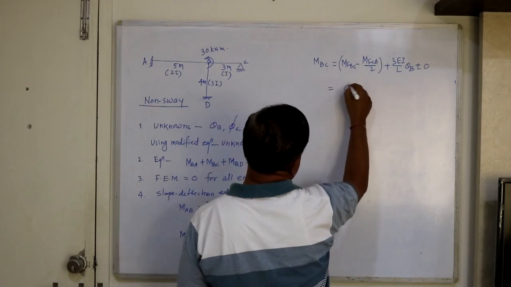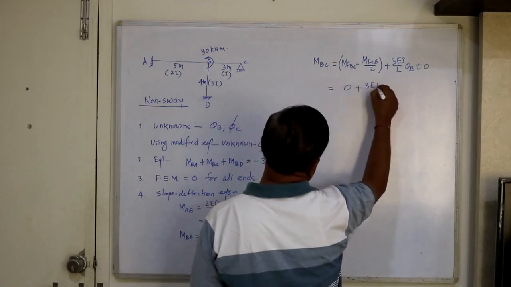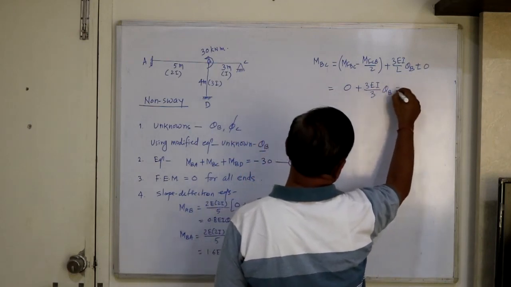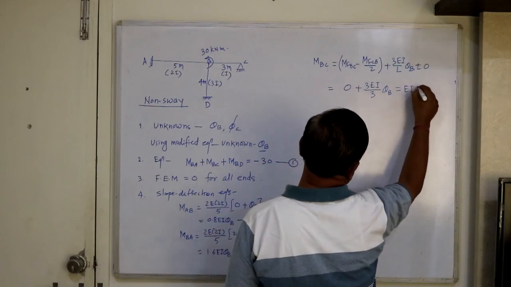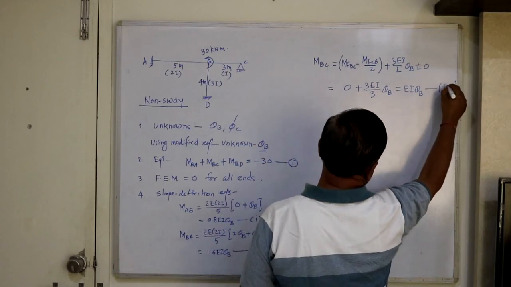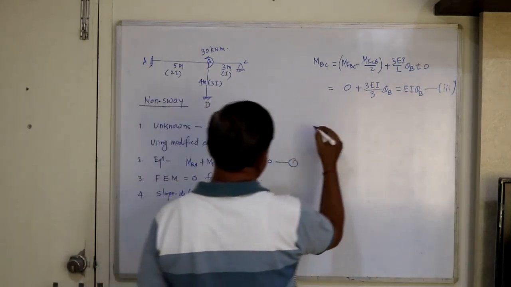This also is 0. So this becomes 3EI divided by L, which is 3, theta B, meaning EI theta B, equation 3. So MCB is not required.